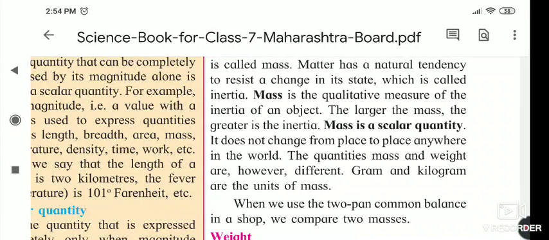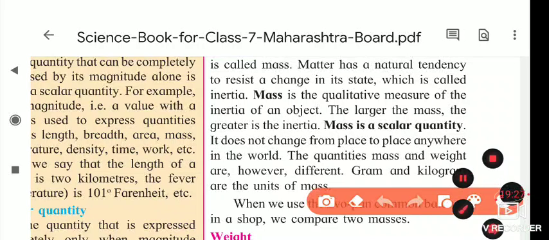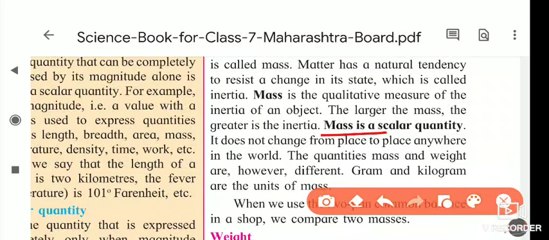The mass in your body remains the same. If you go to the moon, if you go to a mountain, if you go deep under the sea for diving, your mass is not changing. It does not change from place to place anywhere in the world.